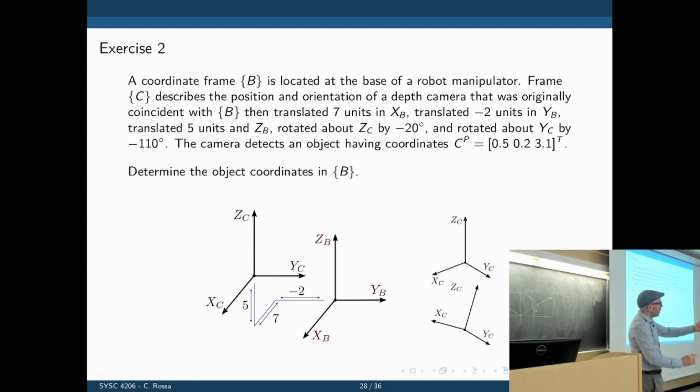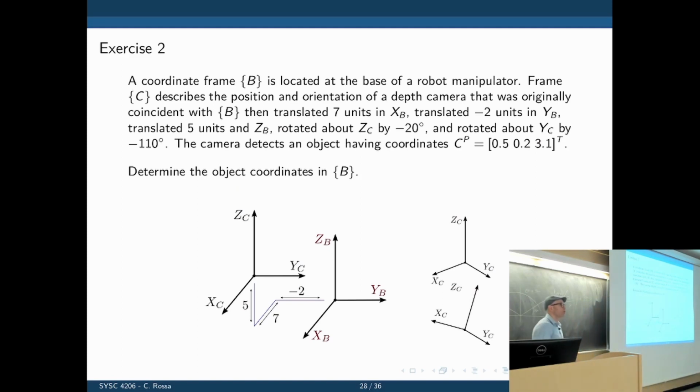Right, so that's what we're doing here. We have a point with respect to the imaging tool. We want to know what that point is with respect to a base frame. What do we need to know? We need to know where the tool is with respect to the base. At the first one, we know that it was translated by 7 in X, negative 2 in Y, and 5 in Z. And then rotated about ZC, its own axis, by negative 20. Then YC by negative 110.